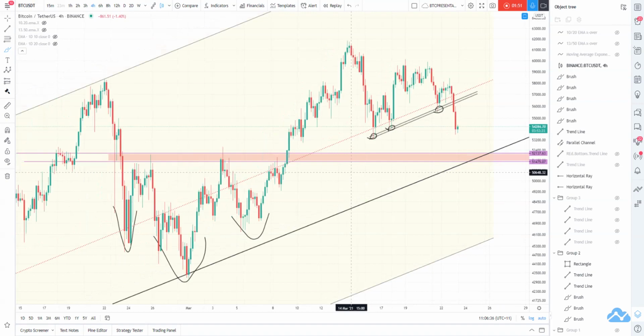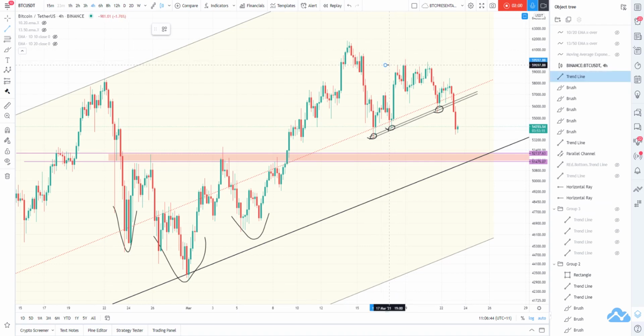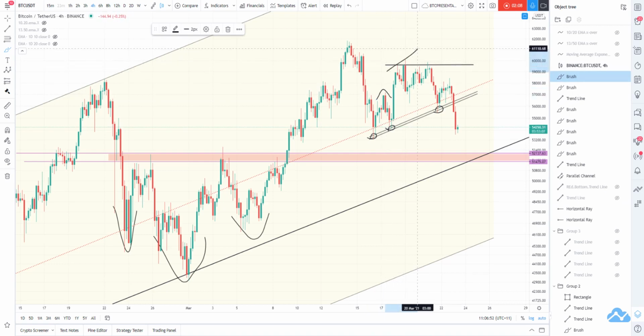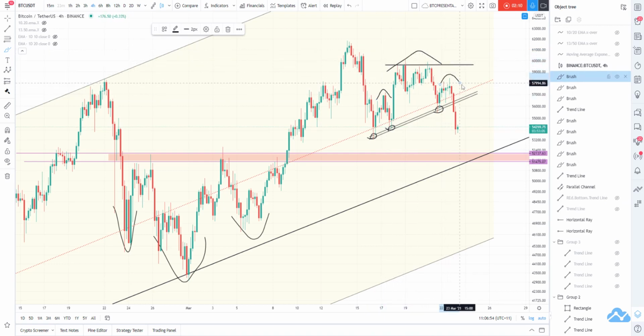What I see currently, you can probably argue three structures in this formation. We can have the double top there. We can have the left shoulder, the head, the right shoulder, and obviously you can see the triangle as well.